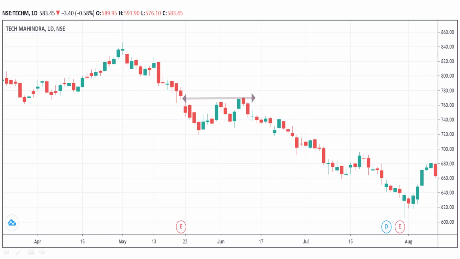And as many of you would already know, a breakaway gap would form at the beginning of a new trend. So when you see a breakaway gap being formed along with a trend continuation pattern, like in this example here, it adds a greater probability to our trade.